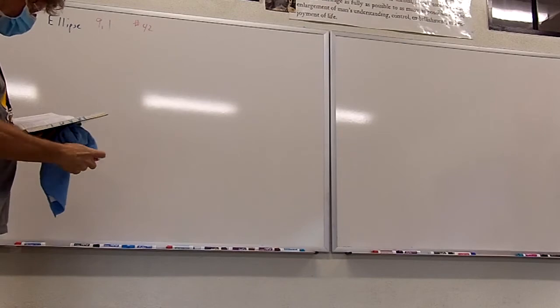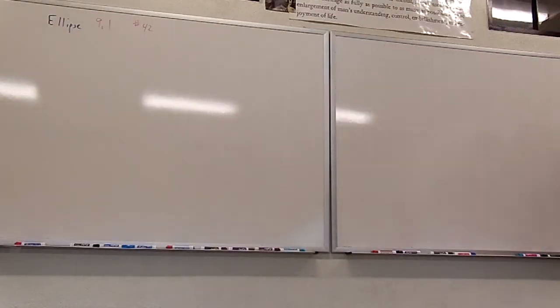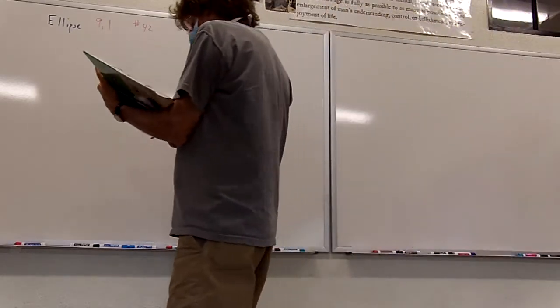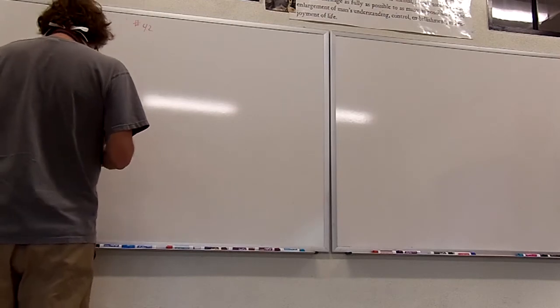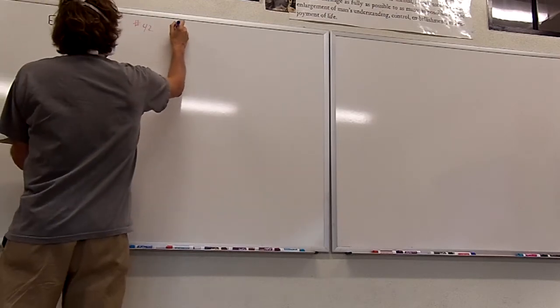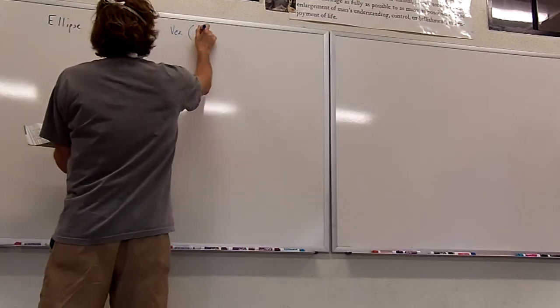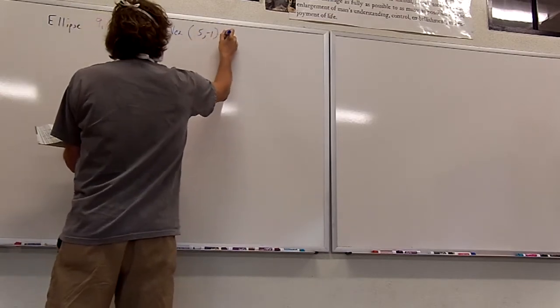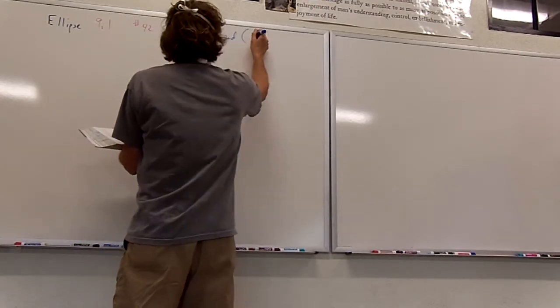Because you don't have the book, you don't need it, so I'm going to call this up. The vertices are 5, -1, and 1, -1.